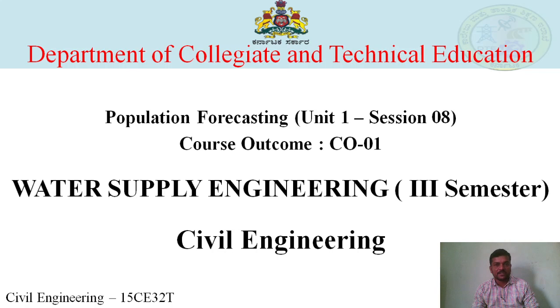In this session, viewers will come to know about the topic population forecasting, which is a continuation of session 7 under unit 1, session 8. The course outcome for unit 1 is CO1, that is, estimating water requirement for public water supply schemes.